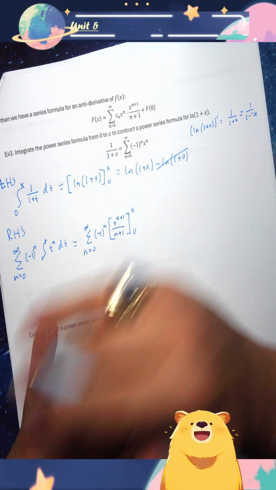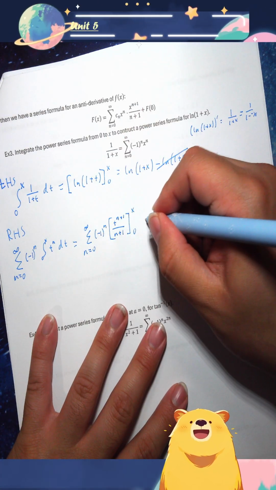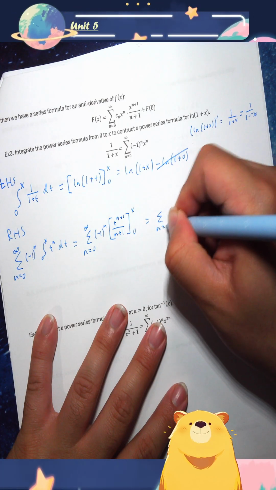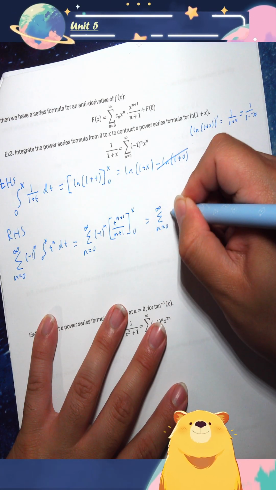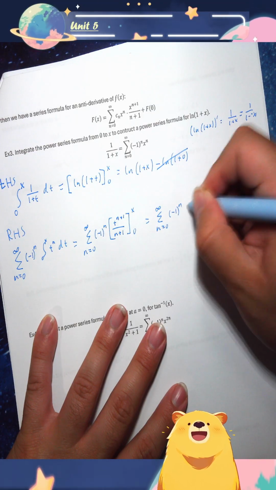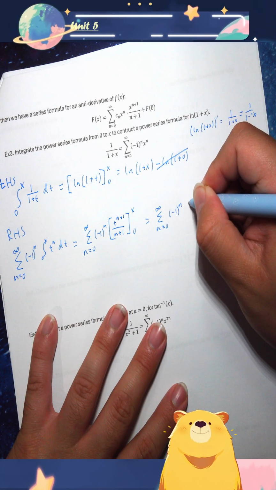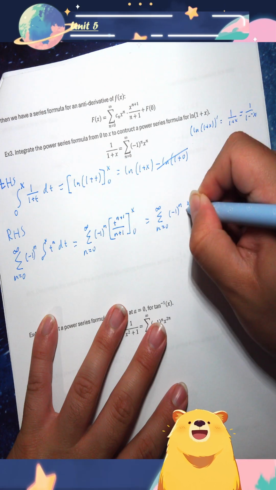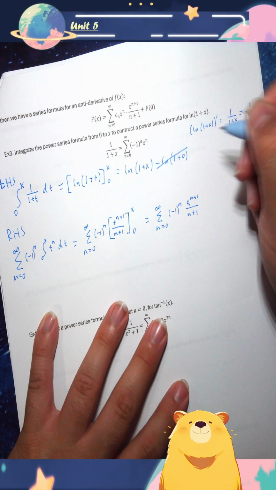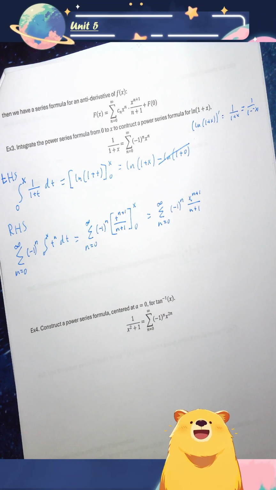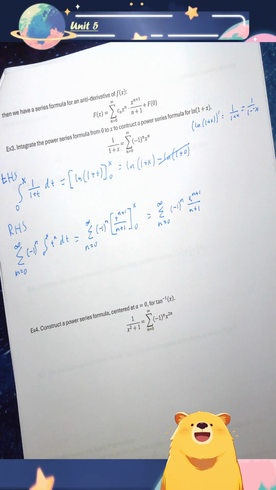When you replace it with 0, it'll cancel out, so you just put back the x. So -1 to the n, and then x to the n plus 1 over n plus 1. And none of these escape because it's n plus 1. But that's basically your answer.